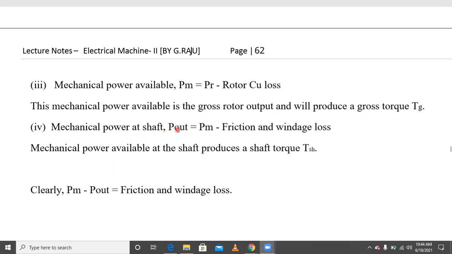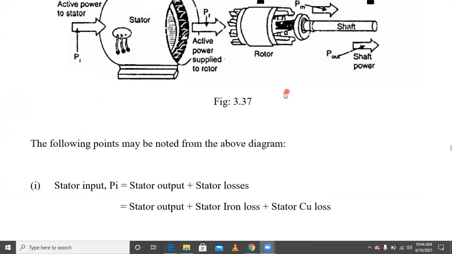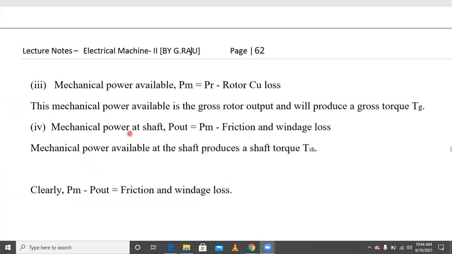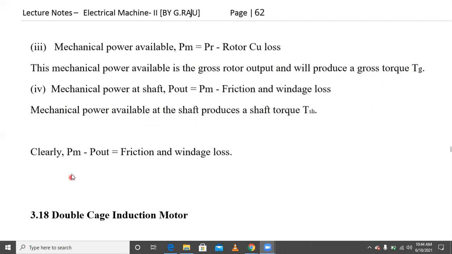And the mechanical power shaft output, P output, is nothing but mechanical power developed minus windage and friction losses, called shaft power. Am I right? P output is equal to PM minus friction and windage loss. Understood? The mechanical power available at the shaft produces the shaft torque TSH. The mechanical power developed produces the gross torque.